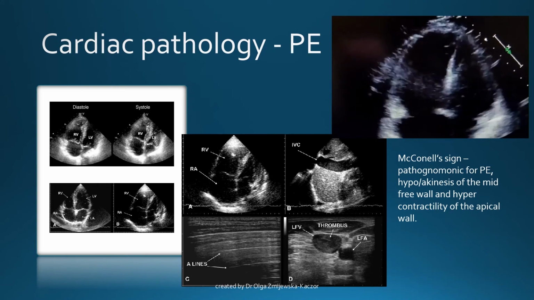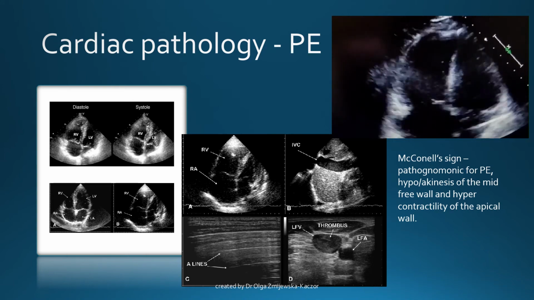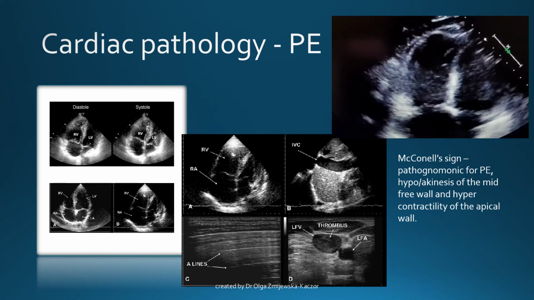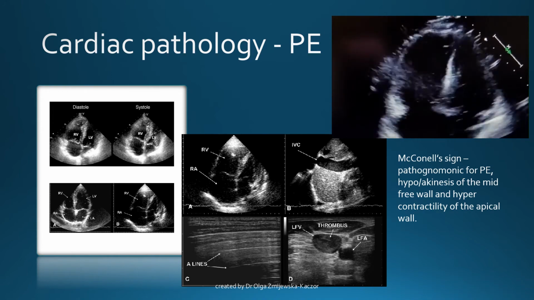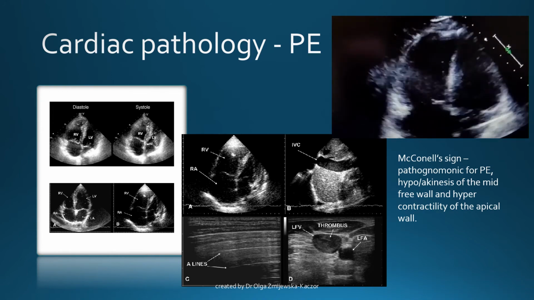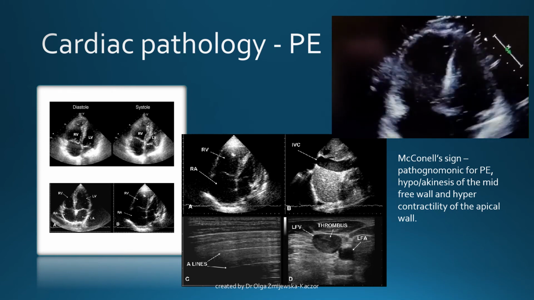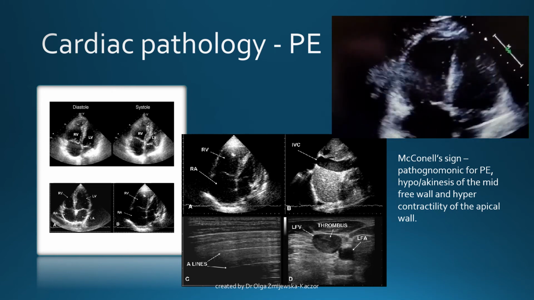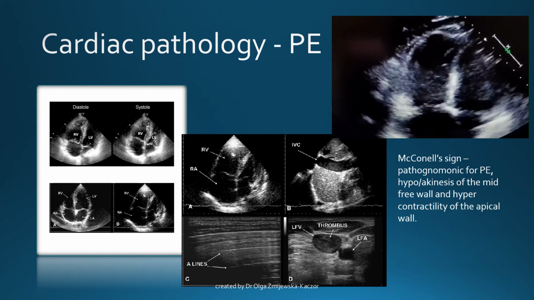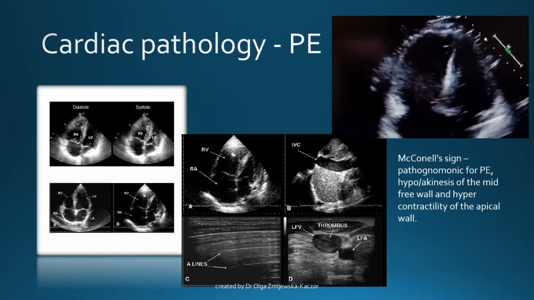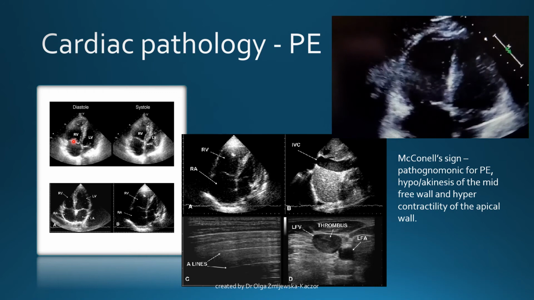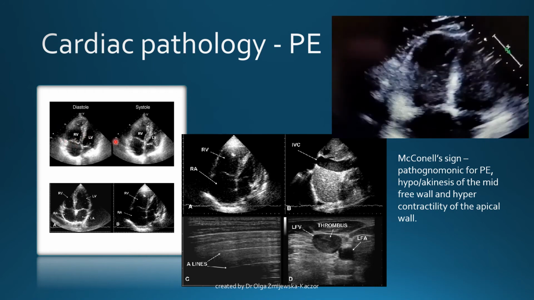Now, when it comes to the other heart pathologies, if we think about the PE, it's a little bit tricky because PE should be diagnosed before the cardiac arrest, due to the fact that after the cardiac arrest or in the middle of the cardiac arrest, we always see some kind of right ventricular strain. However, if you have a deteriorating patient, what you have to look at is the right ventriculum and the left ventriculum.